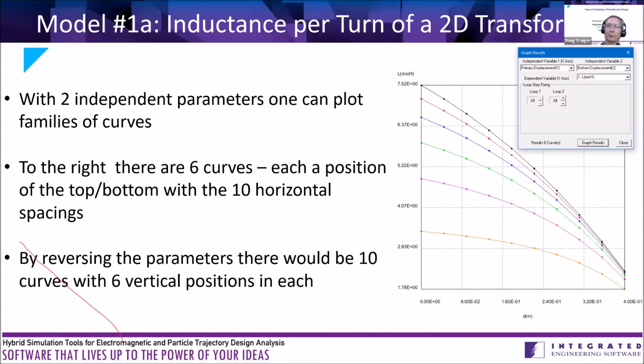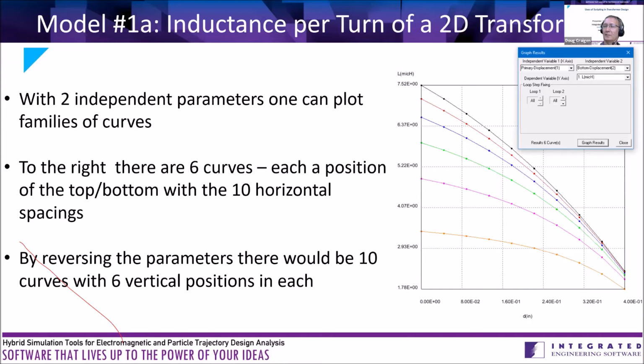But with the 2, depending how I make things primary or secondary, I can get the software to feed back to me what is the inductance as I vary the width for 6 different top and bottom positions, or I could reverse it and get it to give me the curves for what is the effect of varying the top and bottom for different fixed widths.